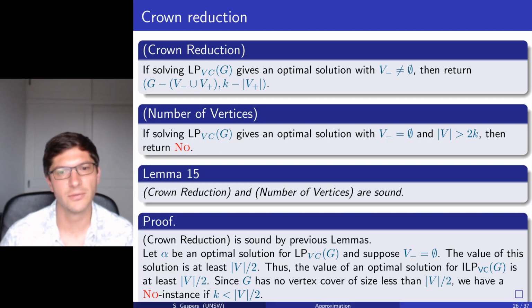And therefore the value for an optimal solution of the integer linear program is also at least the number of vertices divided by 2. But the solution for the integer linear program is exactly the size of a smallest vertex cover. So now, since G has no vertex cover of size less than 1/2 of the number of vertices, we have a no instance if k is less than the number of vertices divided by 2.